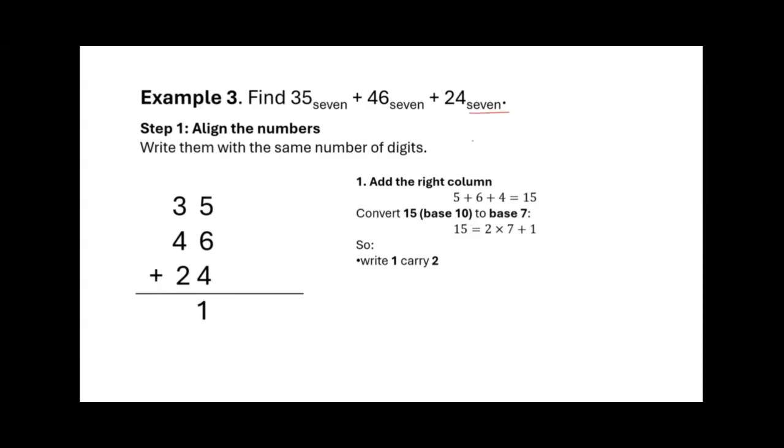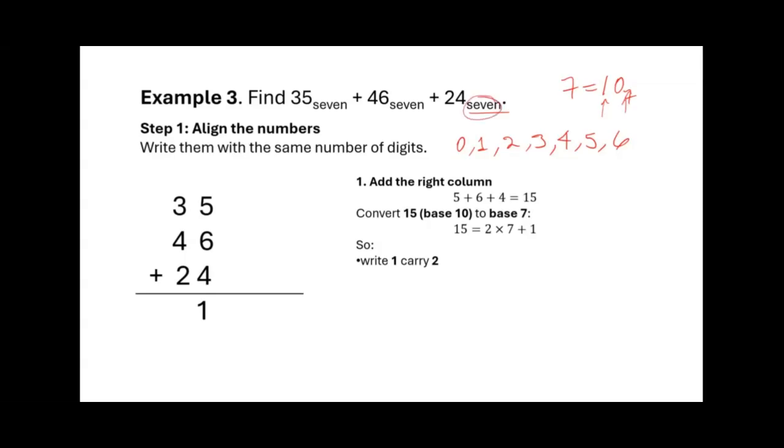So in base 7, I'm only allowed to use the digits 0, 1, 2, 3, 4, 5, and the last one is 6. 7 is not allowed anymore. That's why I mentioned before that a number like 7 is going to be 1, 0 in base 7, because you need a 7 and 0 ones.